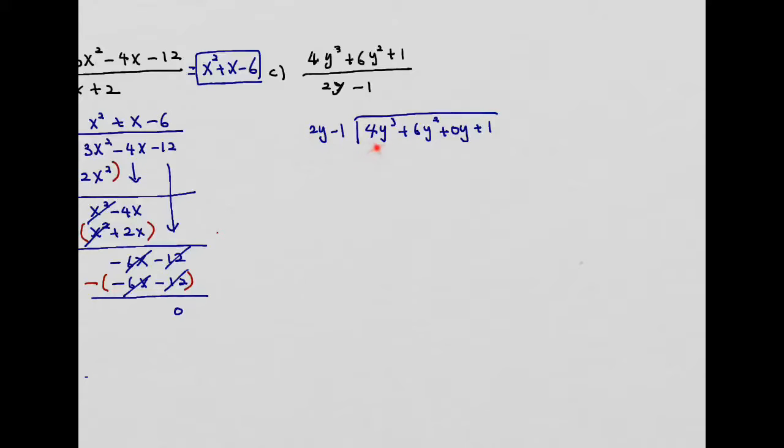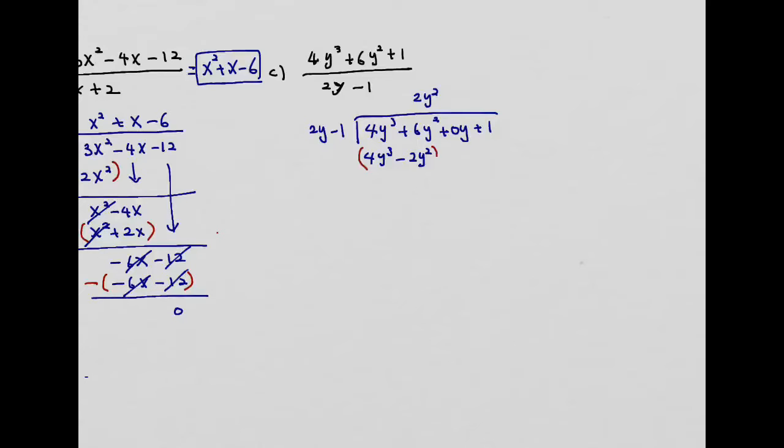You have 1y, so you need 2 more y. So you're going to multiply by 2y squared. And you're going to multiply that 2y squared into 2y minus 1. Then you get 4y cubed minus 2y squared.